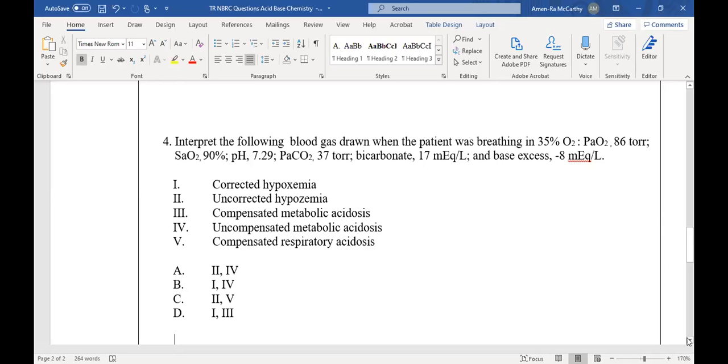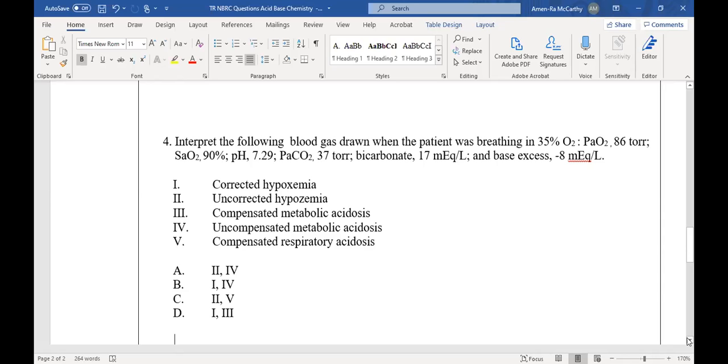Now, the third player in this case is CO2. Is CO2 in normal range? No. CO2 normal range is 35 to 45. PaCO2, regular range, right here on the board, 35 to 45. Make sure you get them right, because they'll throw you off.